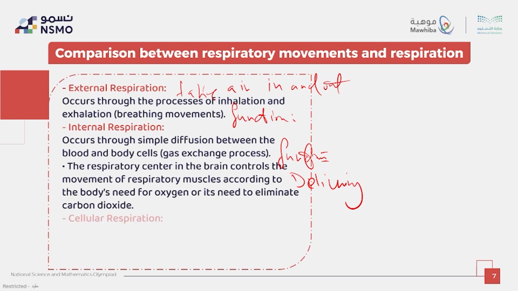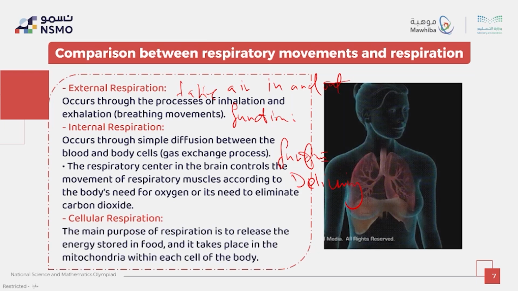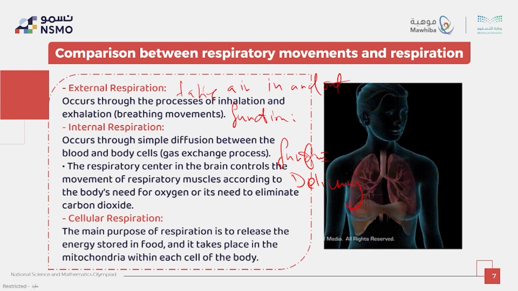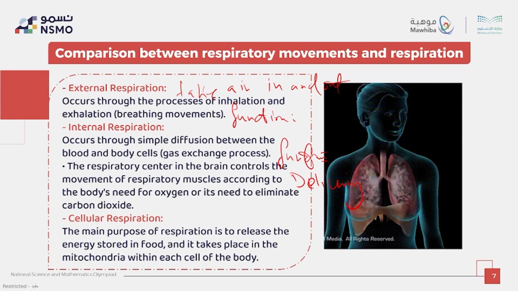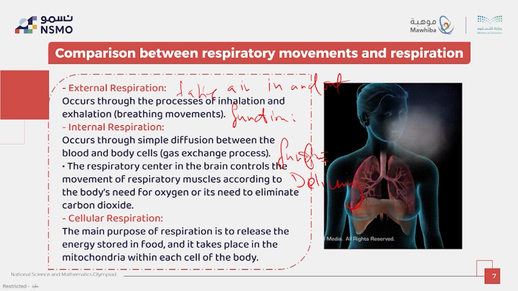Let's move on with cellular respiration. The main purpose of respiration is to release the energy stored in food. Okay? So, the location where it occurs, it takes place in the mitochondria within each cell of the body.